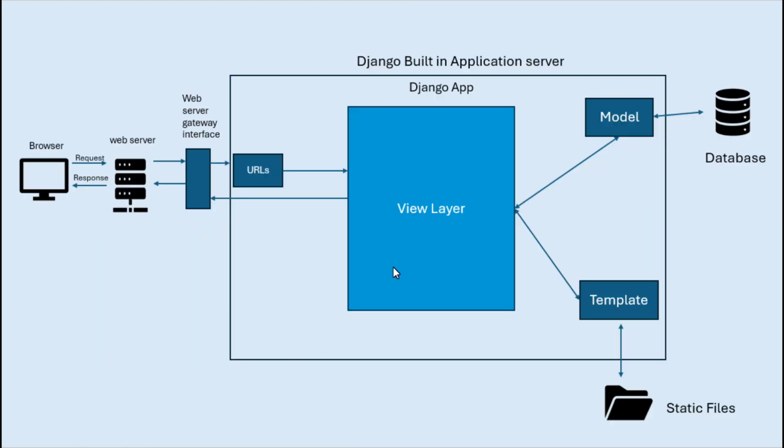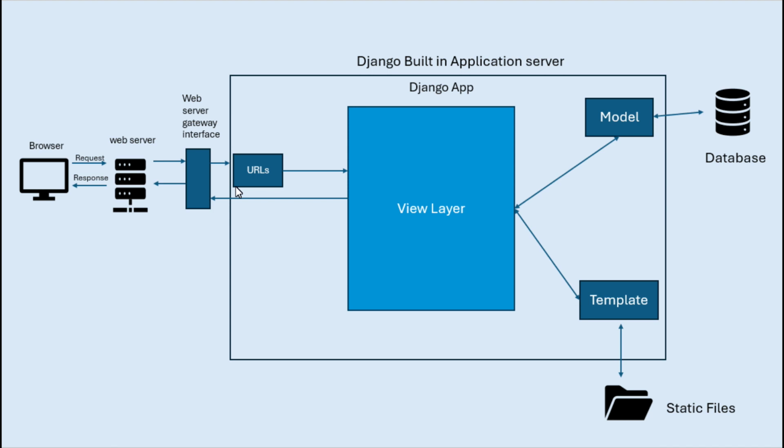Now, the diagram just representing the overall architecture. So when a client sends a request to a Django application, the built-in development server, which is intended for development and testing only, receives the request and routes it through the URL dispatcher.